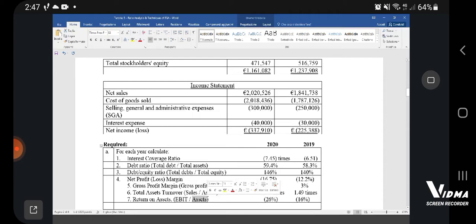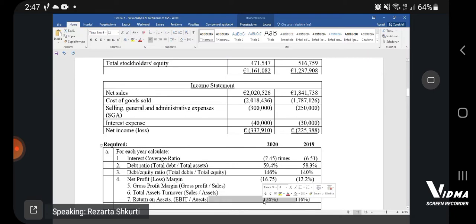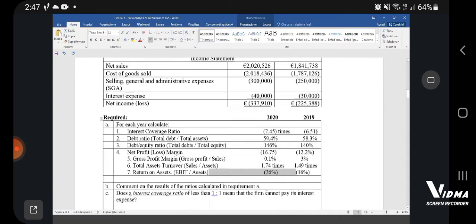We want as high a ROA as possible, a positive value of course, and when we find a negative value and a deteriorating ratio, a ratio that is being reduced over time from minus 16 to minus 26%, that is not something that we can say is a good thing for the company.